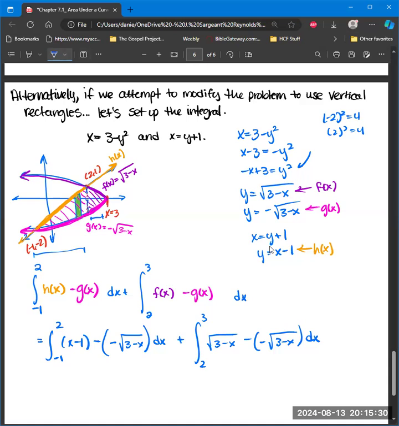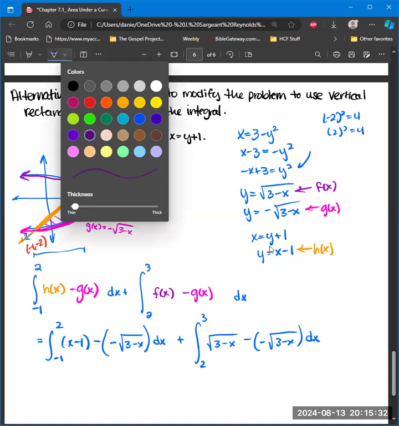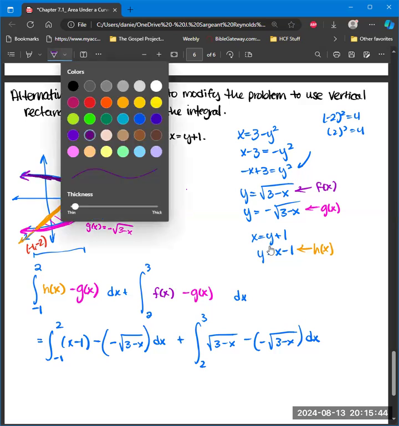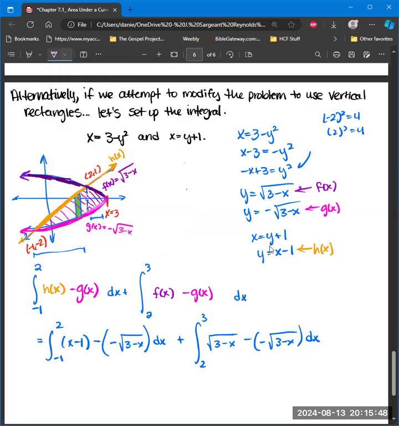And I'm going to try and pick a darker color purple here for you. Maybe that helps. And I might want to try and get something a little lighter color pink here, just to give some more contrast.